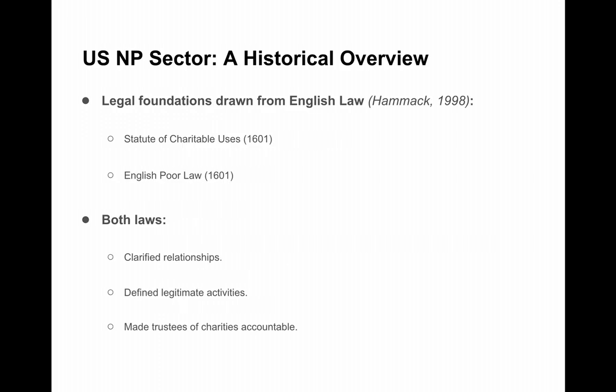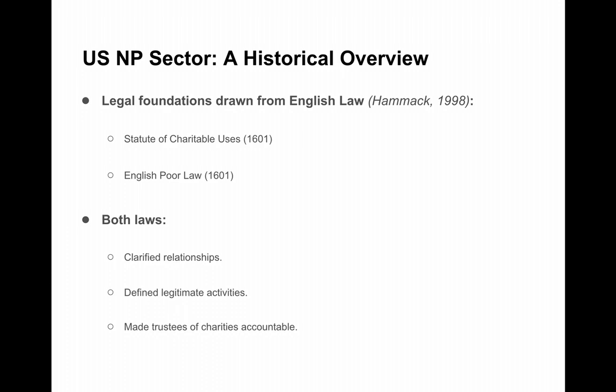So the United States nonprofit sector has some legal foundations that draw from English law, especially a very old one, the English Poor Law and the Statute of Charitable Uses, both in 1601.